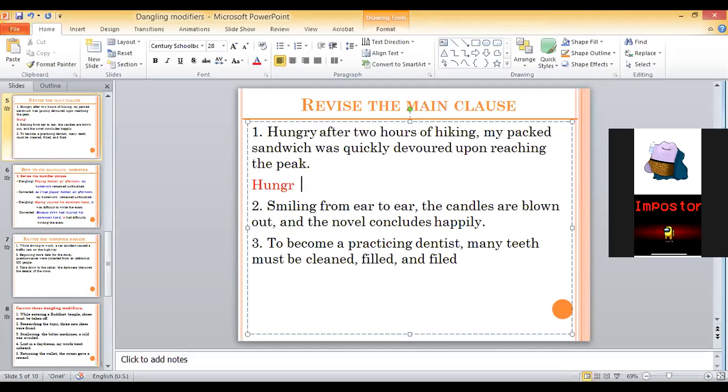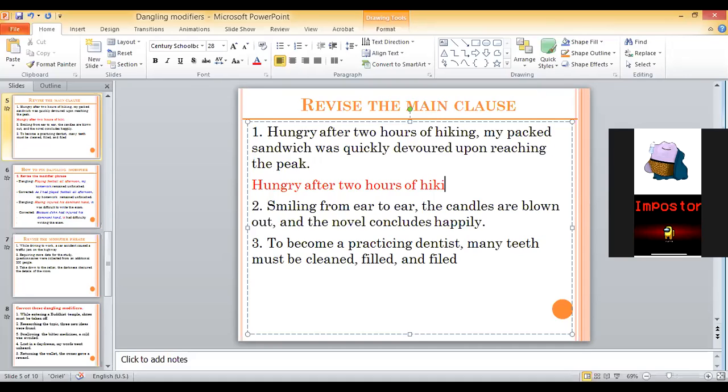All right, I can say: hungry after 2 hours of hiking. In order to show who is hungry, you can add the subject.